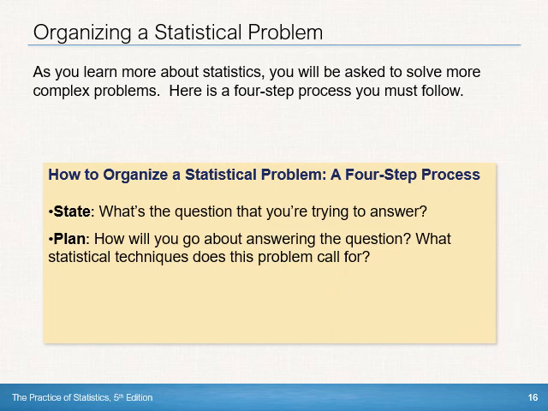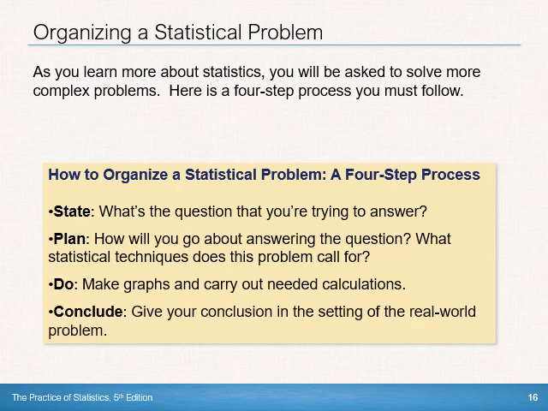And then you're going to actually do the calculations, make the graphs, whatever it is that you said you were going to do in the plan, you're actually going to do it in the do. And then you're going to wrap it up. You're going to give a conclusion based on what you saw in the do. So you're going to answer the question in the context of the real world problem.